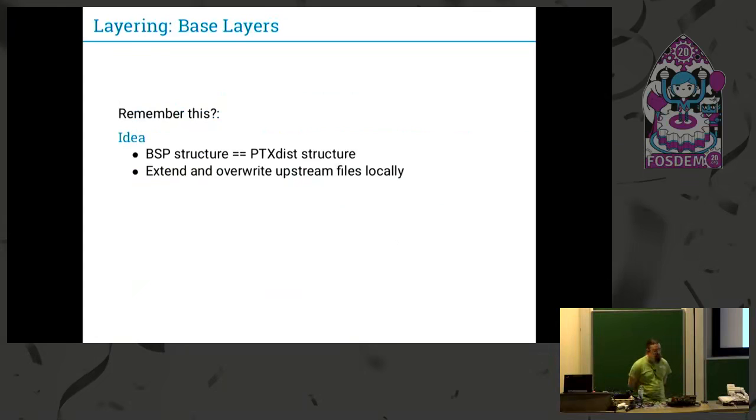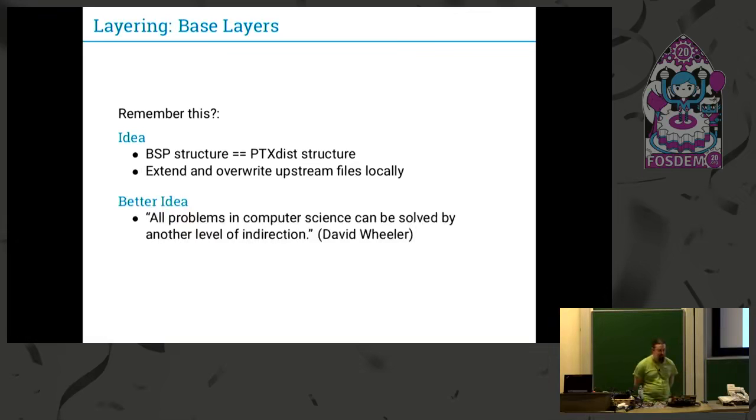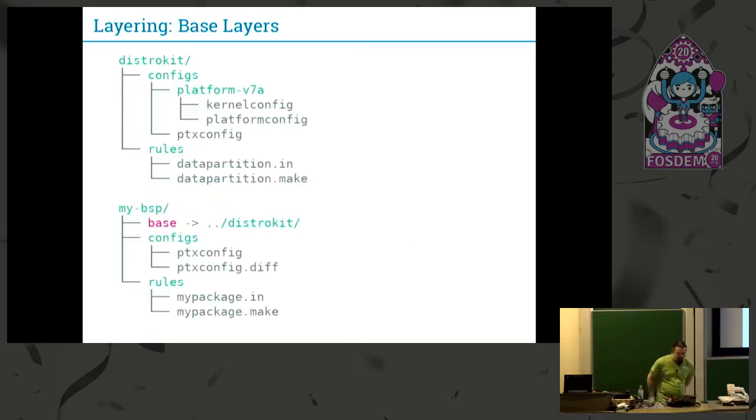So as I said before, we had this idea to have the same structure in our BSP, like in the upstream PTXdist installation folder, and extend locally where we need it, but we have a better idea, and all problems in computer science can be solved by another level of indirection, so we use recursion. In this case, we have one BSP, which is a whole BSP by itself.